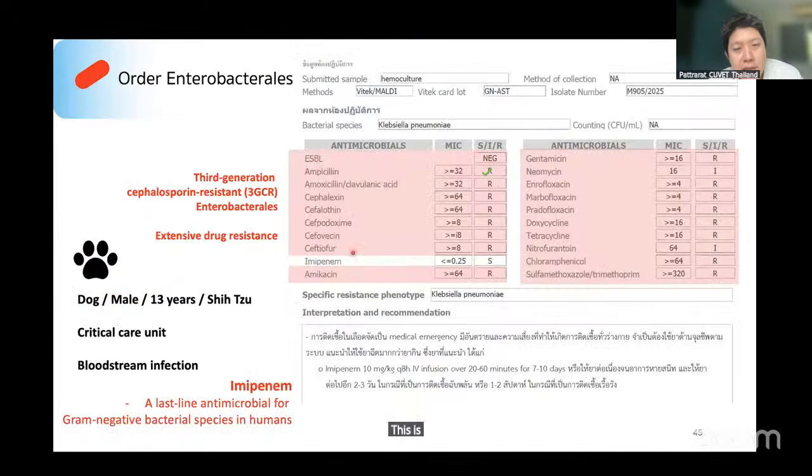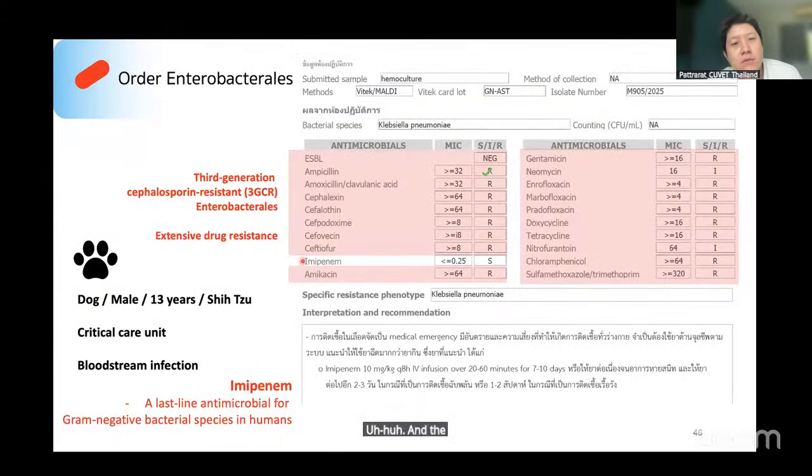This is a last-line antimicrobial for gram-negative bacterial species. So, like I described in Enterococcus, we can say this is extensively drug resistant, or XDR. Okay, this is very harmful.